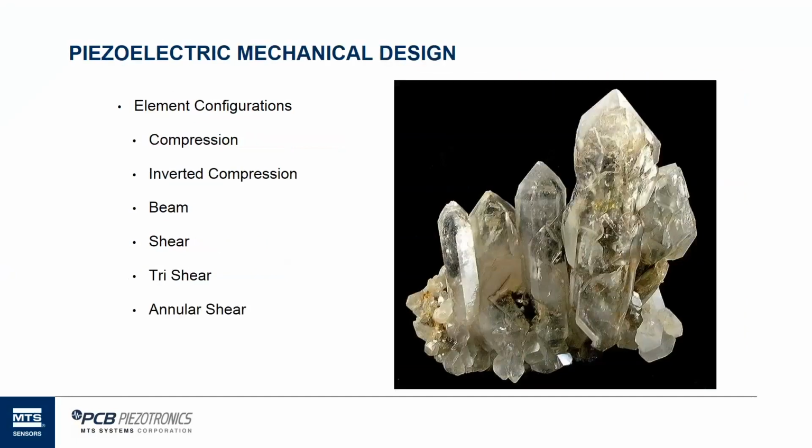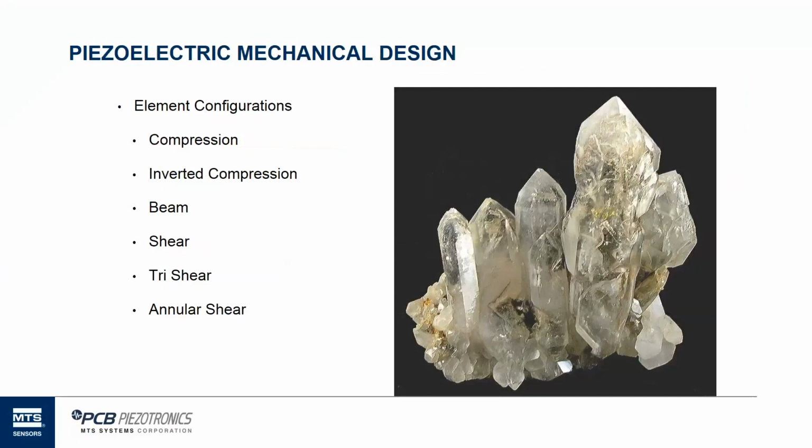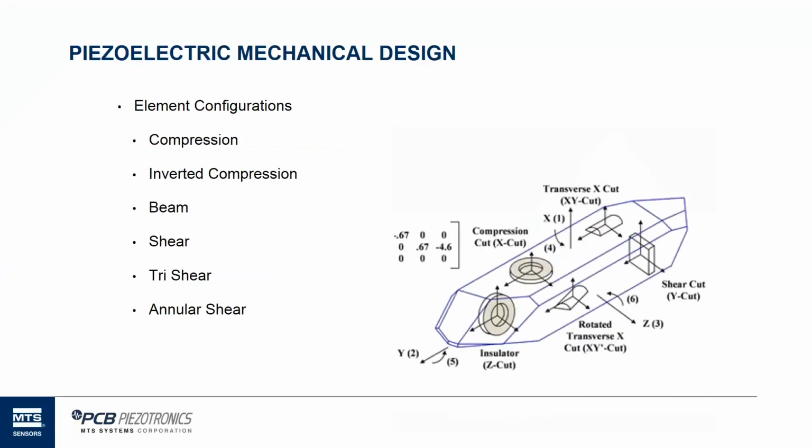The mechanical design of this device. We talked about the electrical design a little bit. The words on the left describe the mechanical strain that is being induced to generate the electrical signal. The crystal itself that you see there is the device on which it's strained, but that crystal will be cut in different directions in different parts of the actual raw crystal, the actual rock that you saw before.